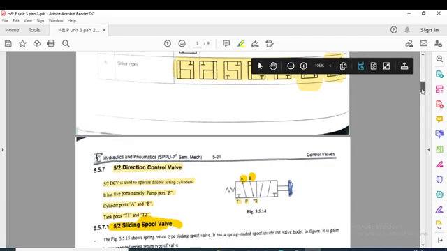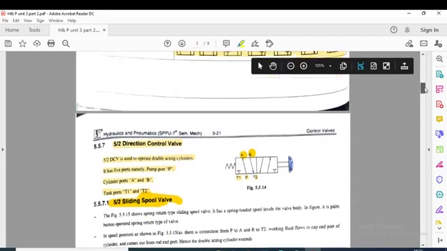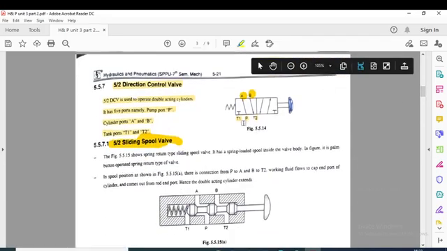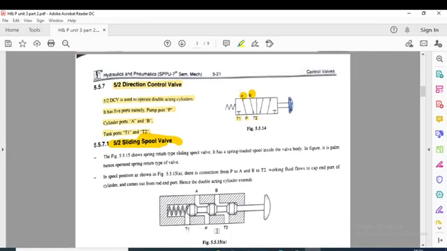In this position, tank port T1 remains closed, and port P is connected to port A. Fluid can flow from port P to port A, and in the same way fluid can flow from port B to port T2 here. Okay.